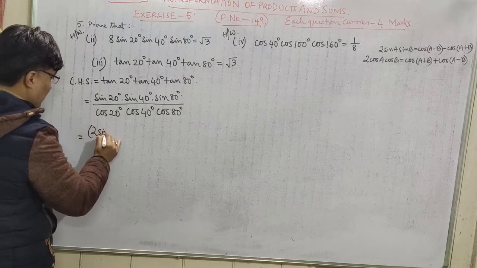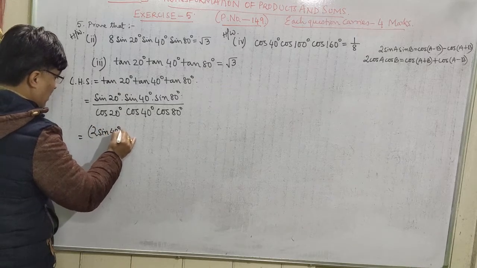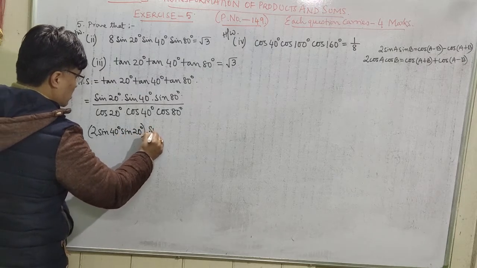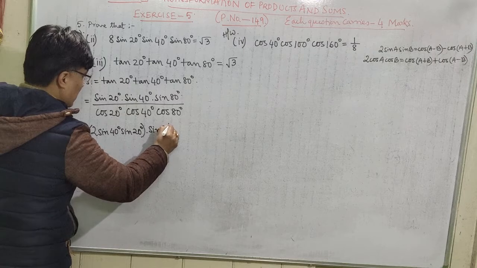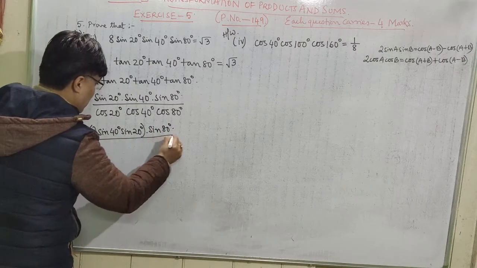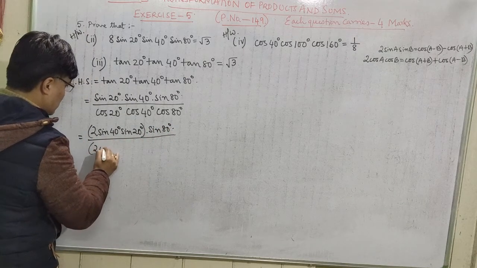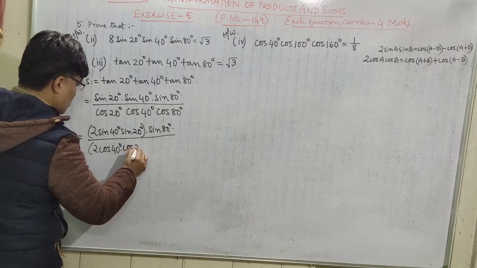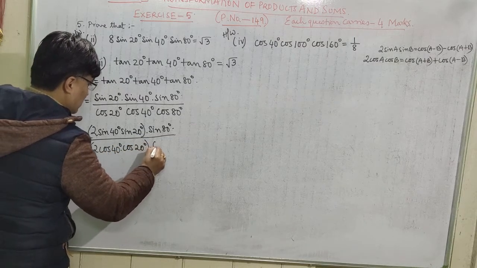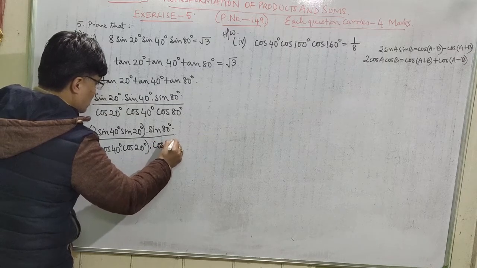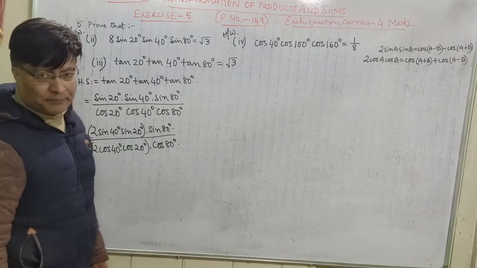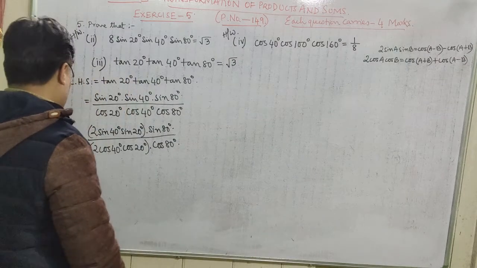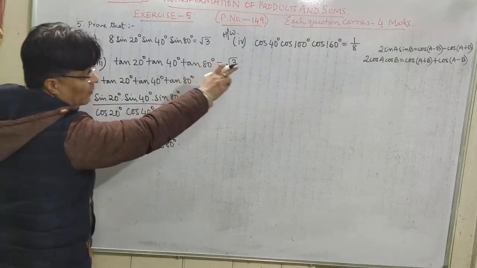So it is 2 sin 40 degree sin 20 degree bracket closed into sin 80 degree divided by 2 cos 40 degree into cos 20 degree bracket closed into cos 80 degree. Okay, so I think you have understood it. So now use the formula. Now 2 sin A sin B, what is the formula?